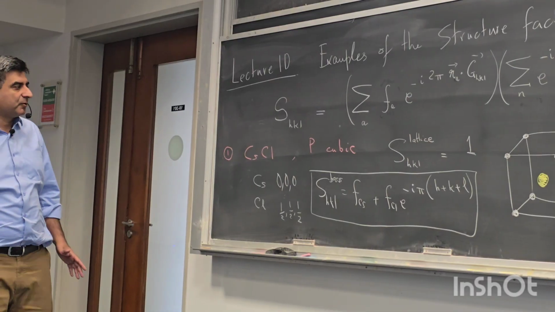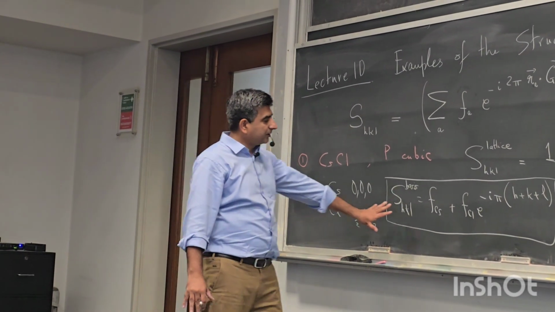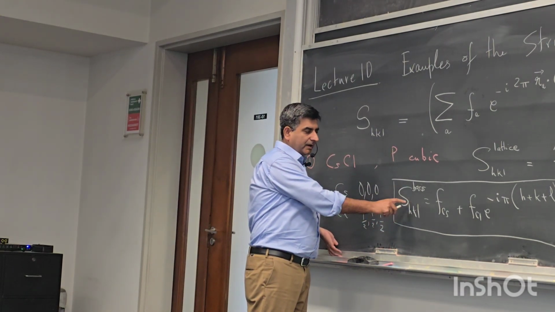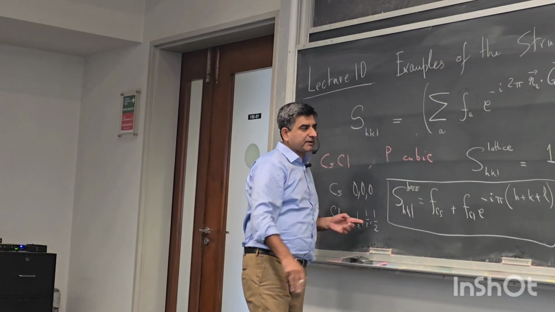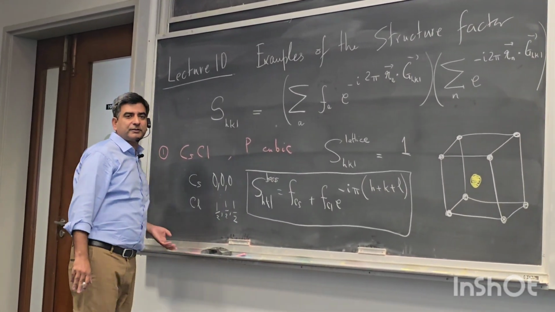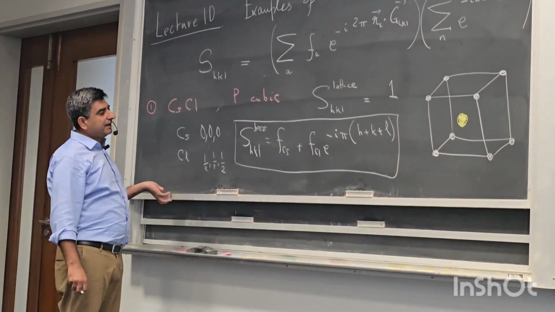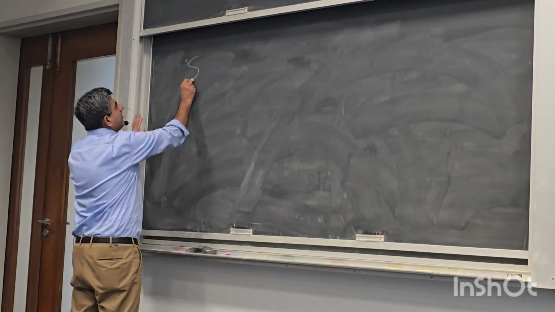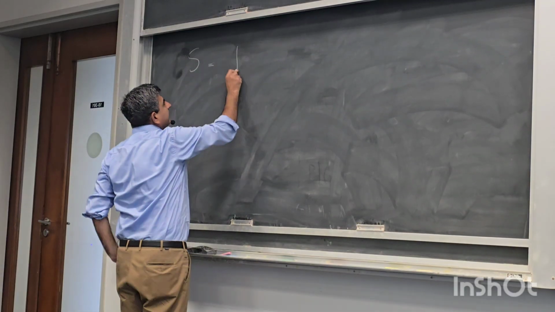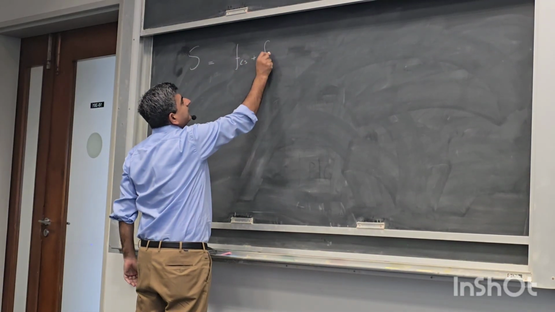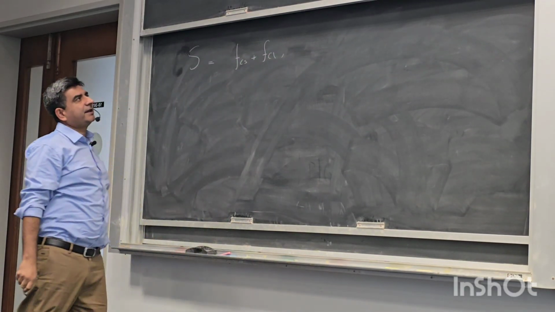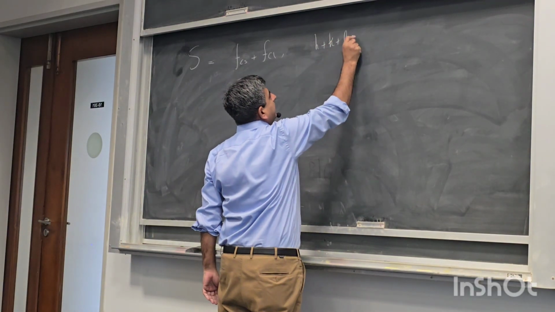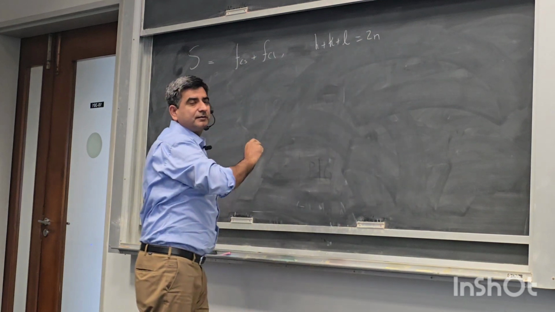It of course depends upon the wavelength, but this is our basis. This is our structure factor, and it's a total structure factor because then you multiply this with 1, you get the total structure factor. So S turns out to be FCs plus FCl when H plus K plus L is an even number, correct?